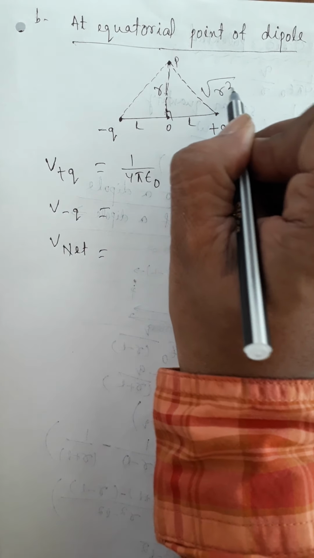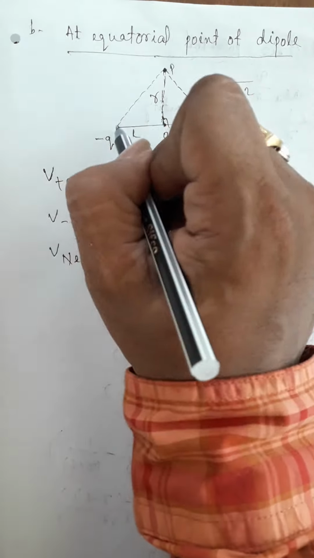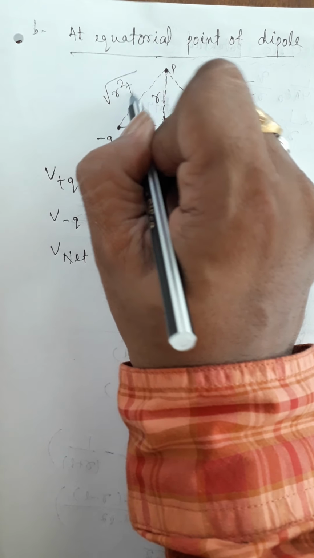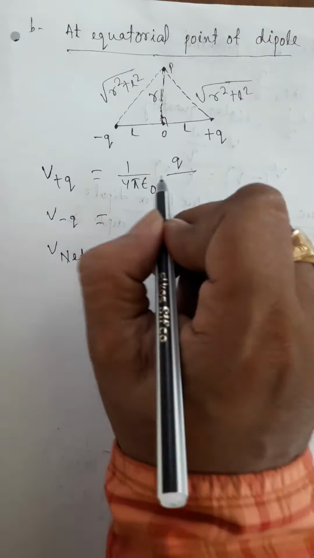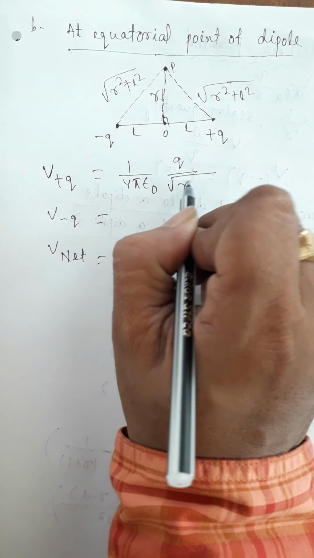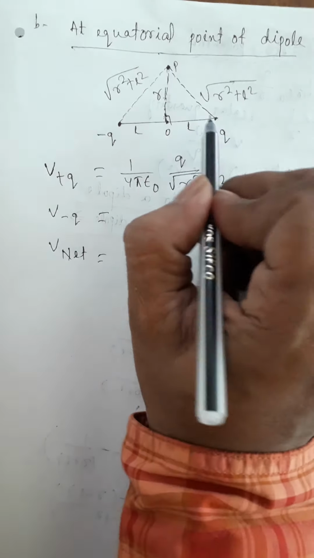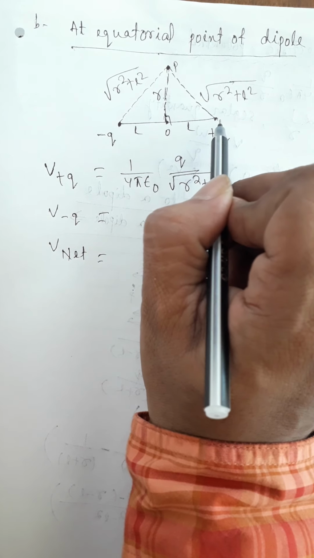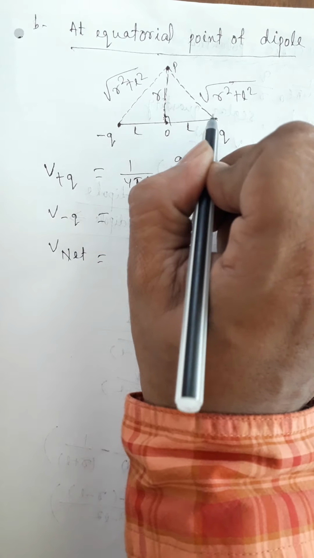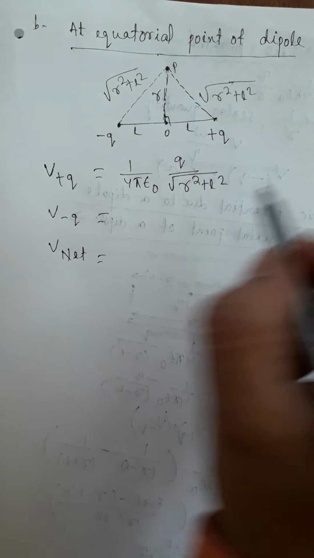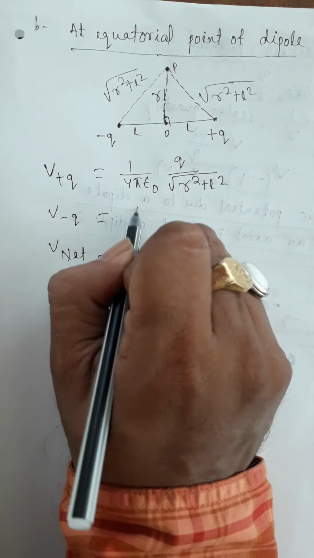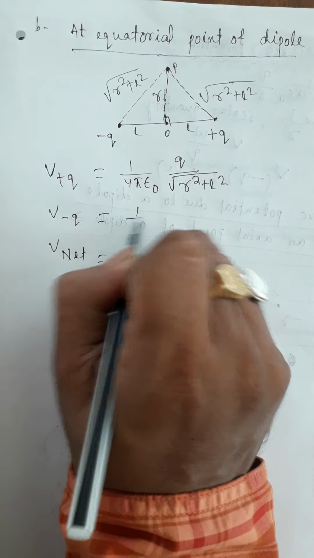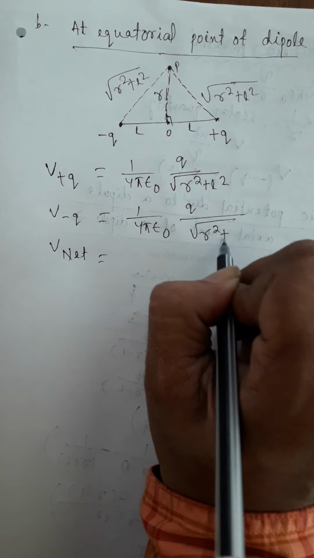If this is r, this is L, it will be root over of r square plus L square, and this also is root over of r square plus L square. So instead of r we use root over of r square plus L square, the distance of the positive charge from observation point P. From the negative charge, it will be 1 by 4 pi epsilon naught, and the distance is the same, root over of r square plus L square.